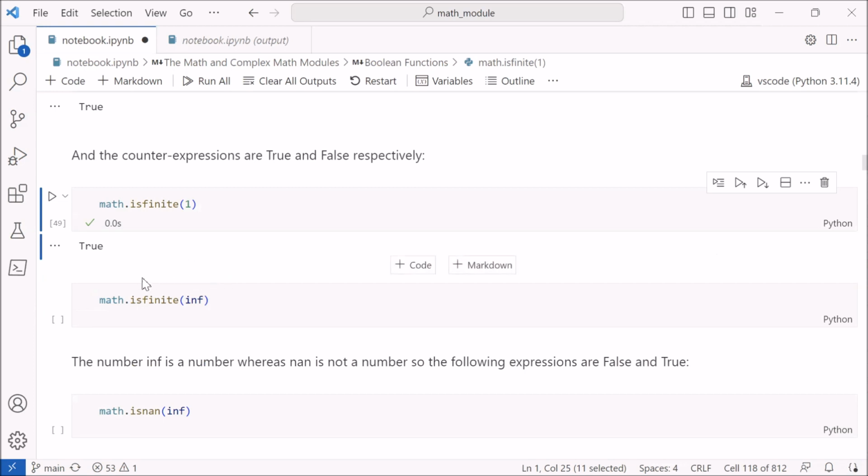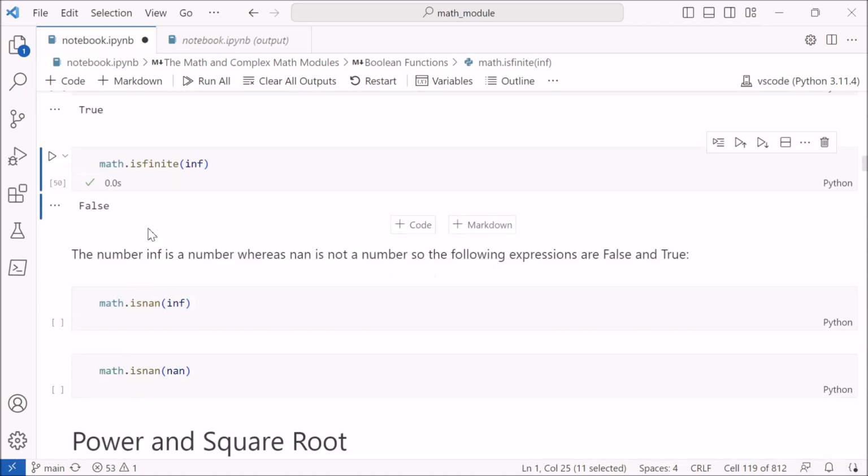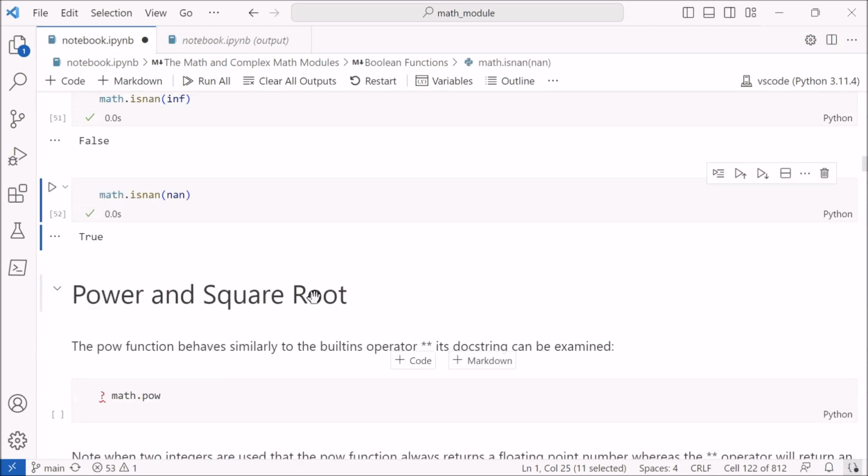And is infinity finite? No, because it's infinity. And the number infinity is regarded as a number, whereas not a number is regarded as not a number. So is nan infinity is false, and is nan, that's true.